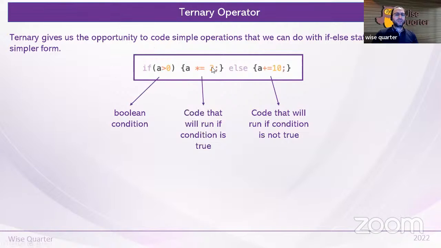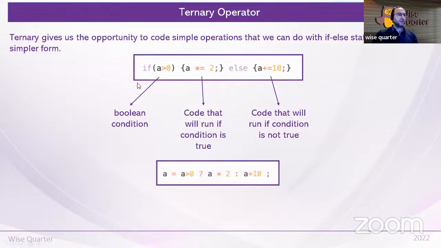Ternary is just like this one. The code is a little different. This part is the condition. It is the same thing, as you can see. The question mark means check if it is true. If it is true, this code will be executed.